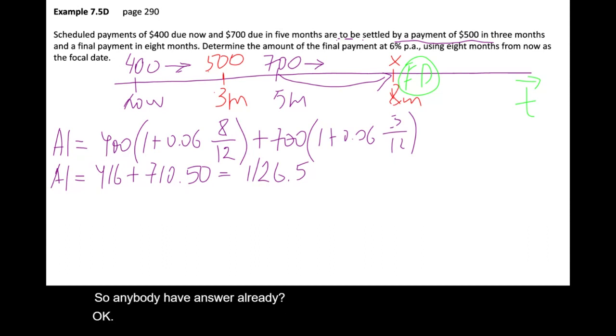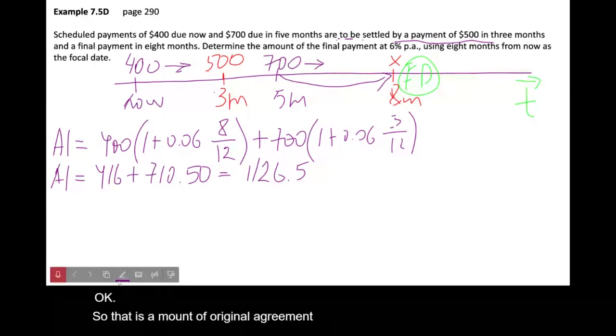Okay. So that is amount of original agreement in focal date.